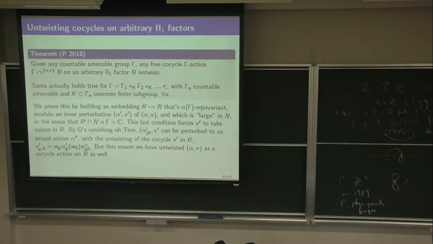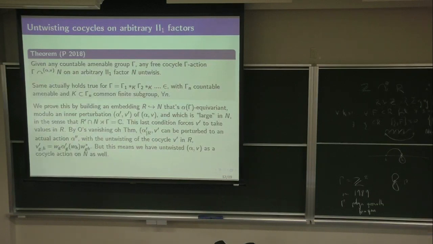Why? Because just having some things that normalize this new alpha prime_g doesn't necessarily mean you have the same group acting. You may have introduced some unitaries in N that normalize R, and which can give you a much bigger group, perhaps not even amenable, sitting above this whole thing. Do you see what I mean?